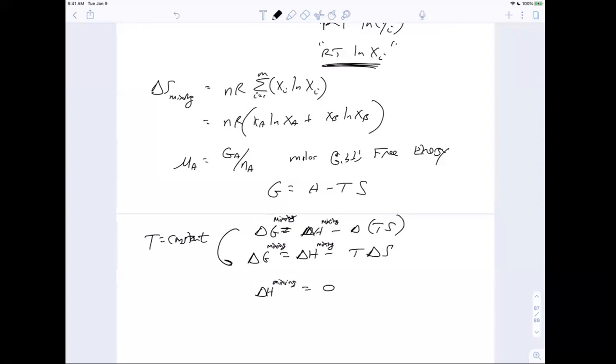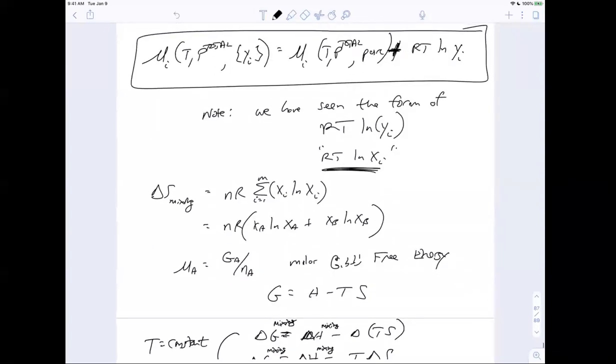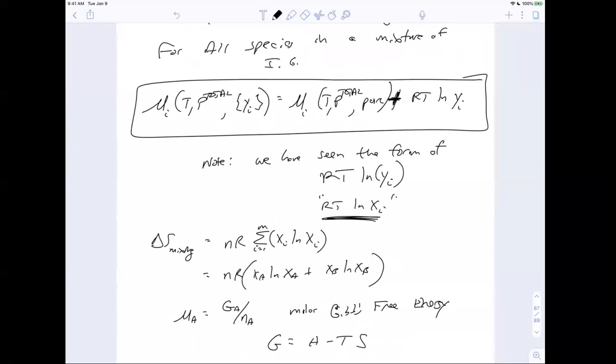And so we see here that the delta G of mixing is totally driven by the entropy of mixing. And this is reflected now in the fact that our chemical potentials for each of the species are reduced from their pure state by a contribution that's log of x sub i or y sub i, these mole fractions. Any questions?